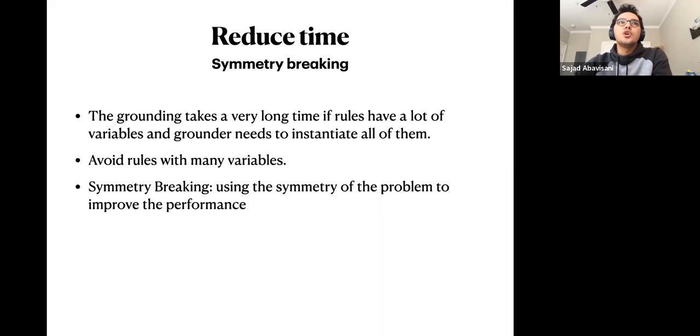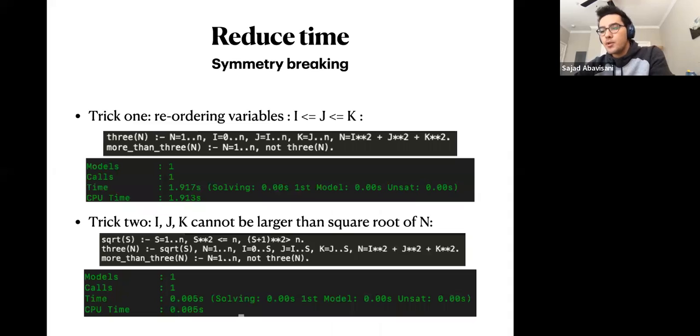If you want to reduce that, you have to be more careful. We have to use the symmetry of the problem and set our rules more carefully. And also we have to avoid rules that have many variables. So for example, in this problem, we can use the fact that I, J and K can be ordered in any way.